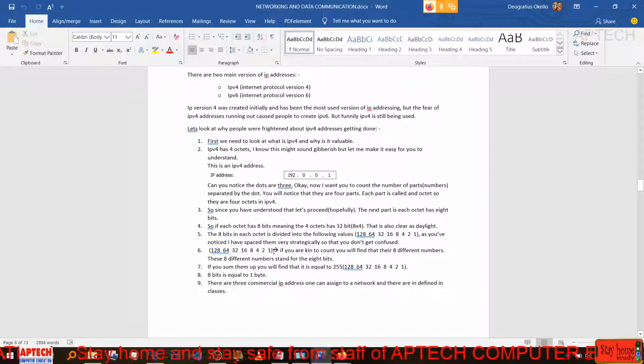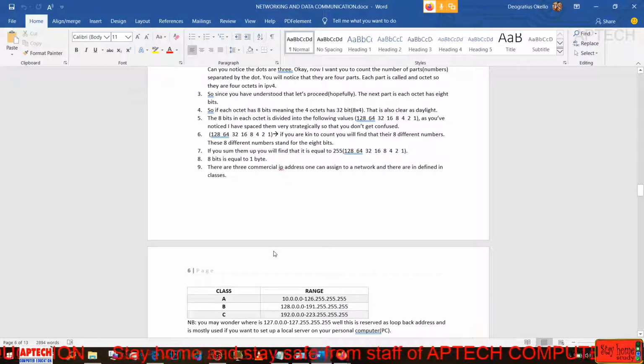So the total of the octets, how many bits does it have? Bits. Since there are 8 times 4, what is that? 32. So there are 32 bits in total.